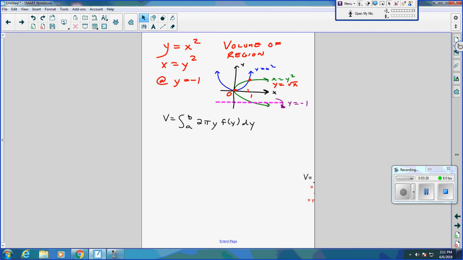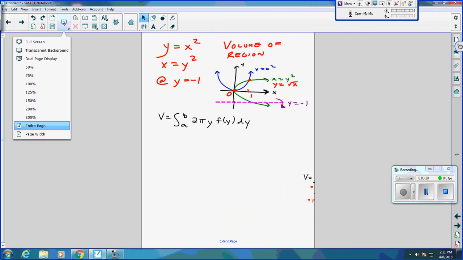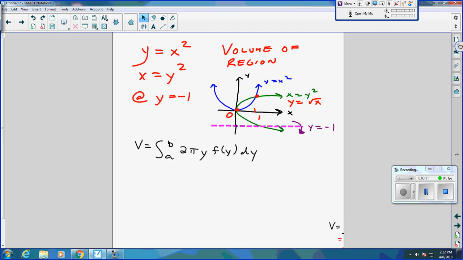The other way to do this is with cylindrical shells. All right? And if we're going to do cylindrical shells, we have to recognize that the integral is going to be from the origin to this one. And I'd put the 2 pi outside immediately.